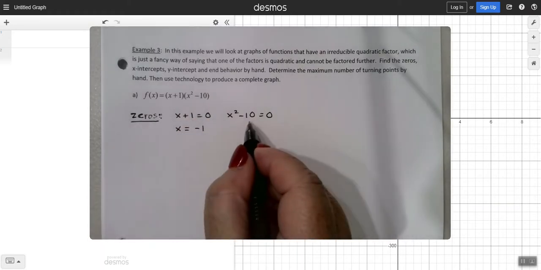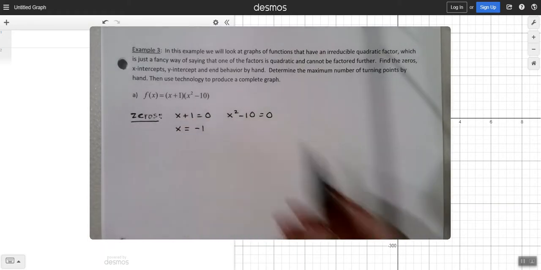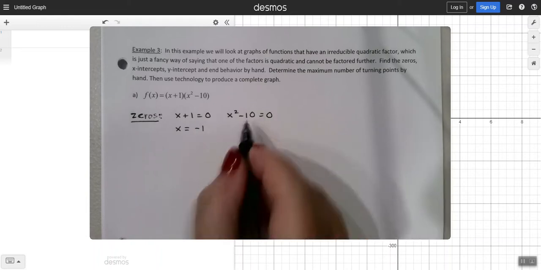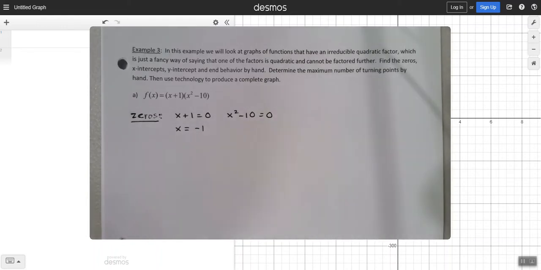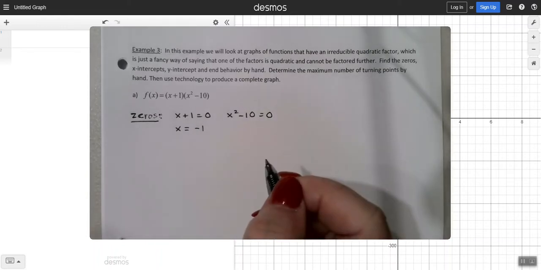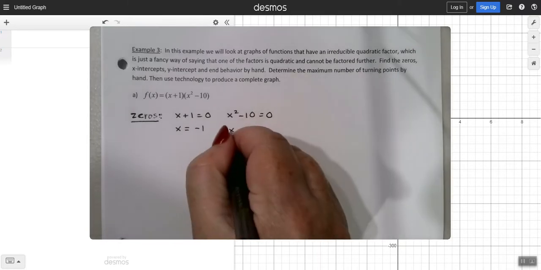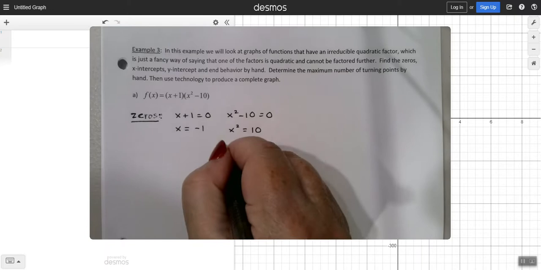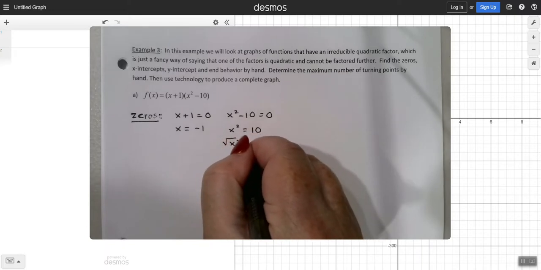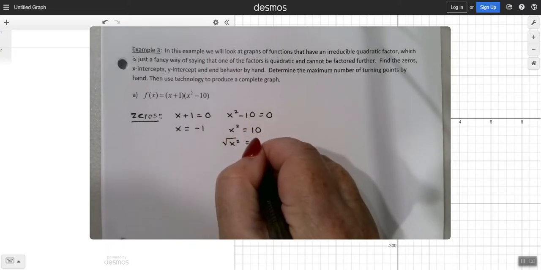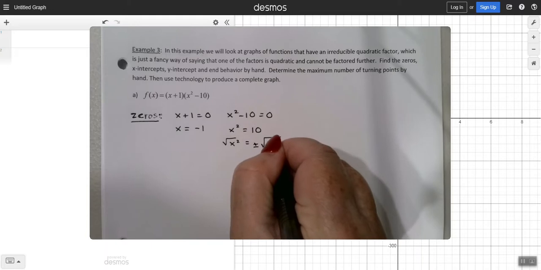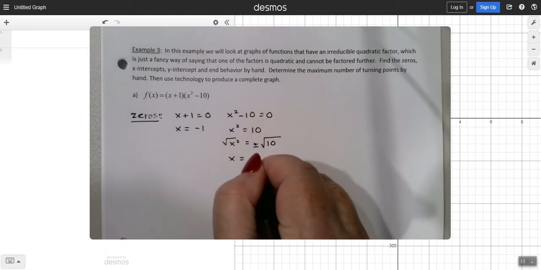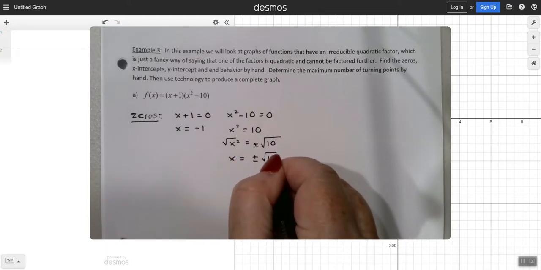And this time, even though this is an irreducible quadratic, it's still possible to solve it, like we can solve all quadratics. In this particular case, I'm thinking square root method. Since x squared is 10, x will be plus or minus the square root of 10.